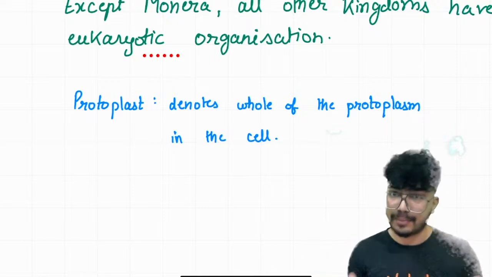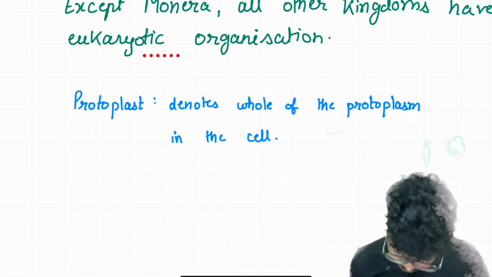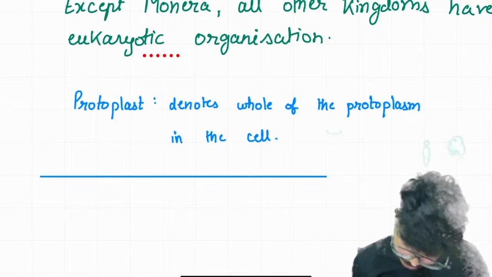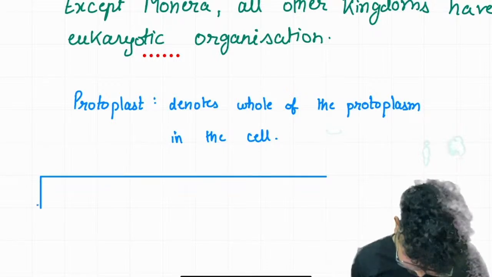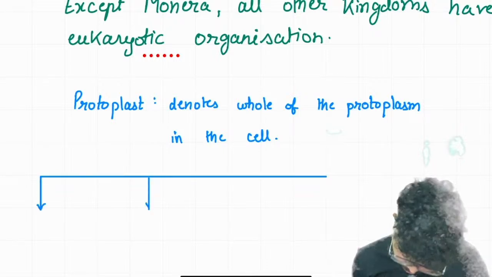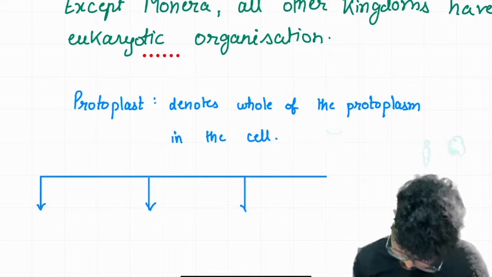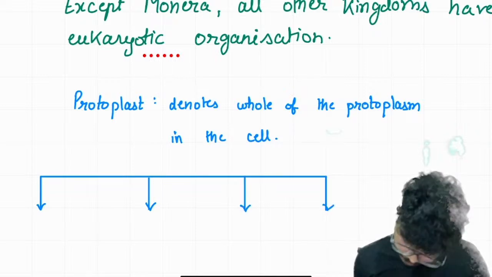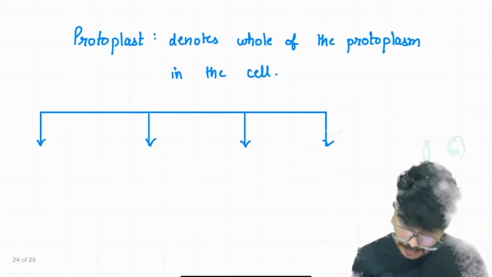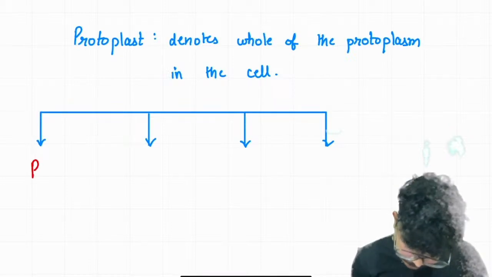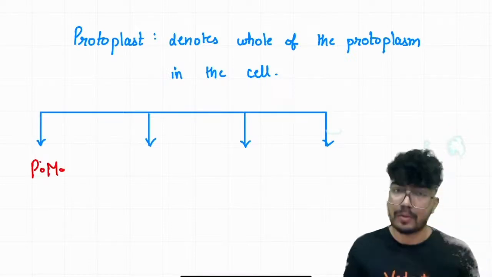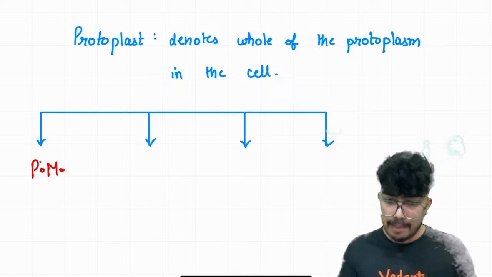Okay, so what makes up the protoplast? The protoplast has four major components. I'll write all of them. Let me just make this flowchart for you. First component is the plasma membrane, in short I have written PM.